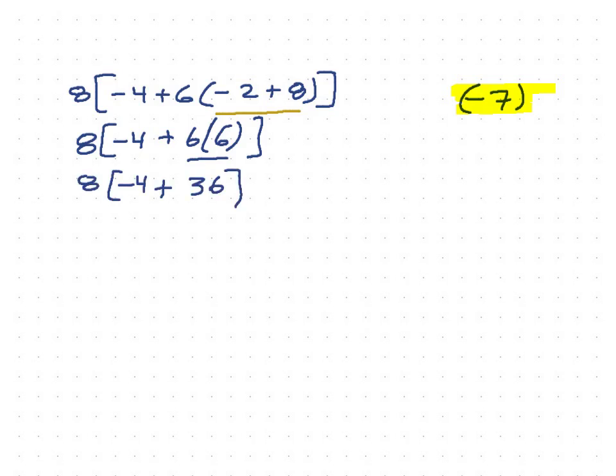So minus 4 plus 36 is going to give you the difference, because they're opposite signs, and it's going to be 32, and the sign will be positive because the bigger number was positive. 36 is positive. So 8 times 32 is 256.